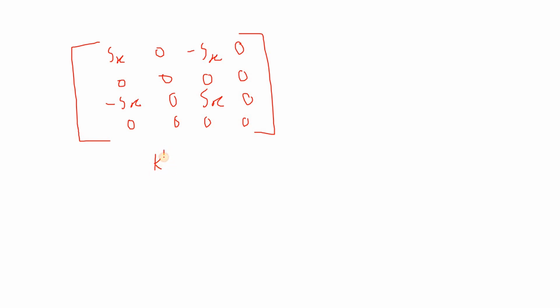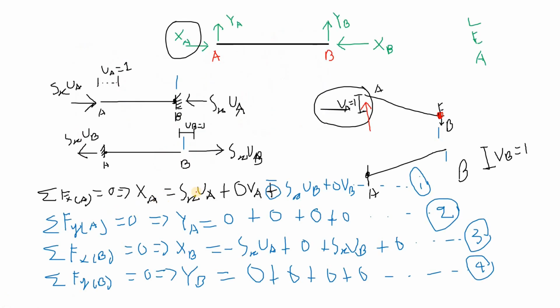Let's put an L at the top of this stiffness matrix. This L means local axis. Now we have the stiffness matrix. Along with it, we're going to place in the displacement vector. Here at the first location, if we go back, you can see we had UA.